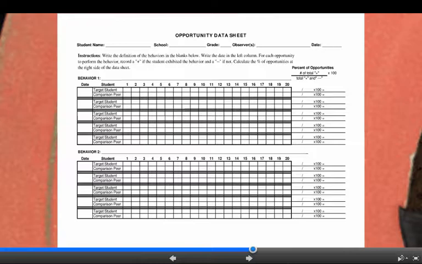Now, one of the things that I'll often do in my own work is that I'm always looking at an individual and how they're behaving in comparison to a same age peer. That same age peer, for example, may be a typically developing individual. So I'm always looking to see how the person that I'm providing services to is doing in comparison.